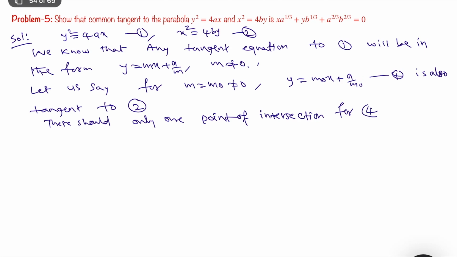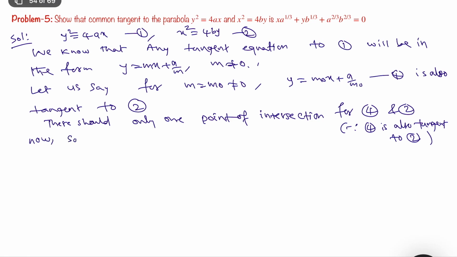So when we solve for points of intersection for 2 and 4, we should be getting only one point as a point of intersection. Fine?